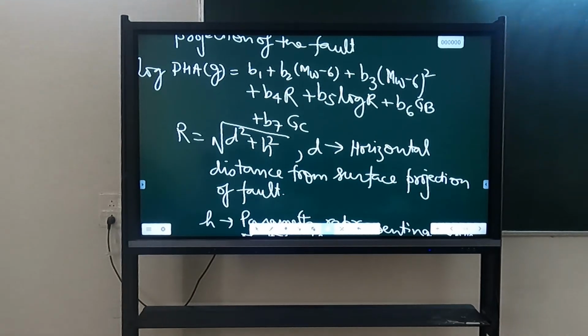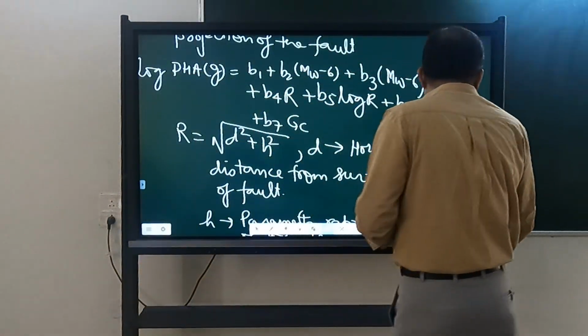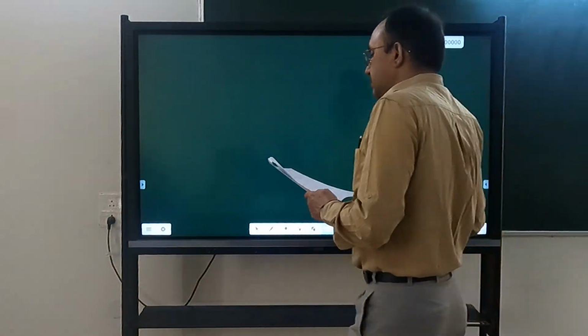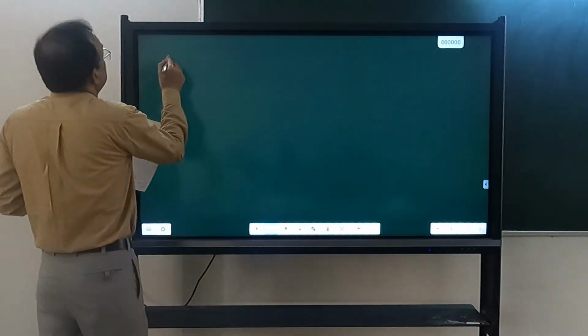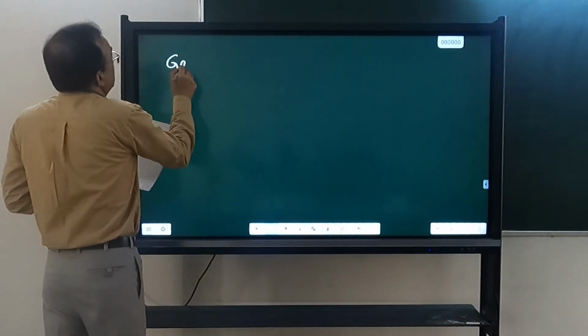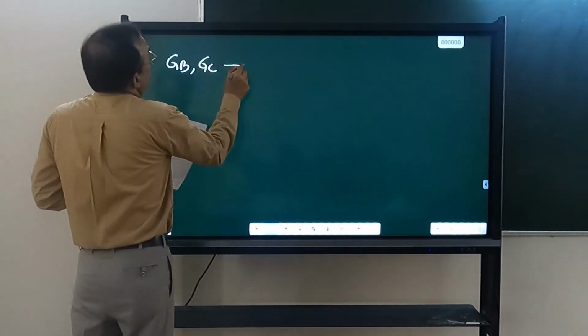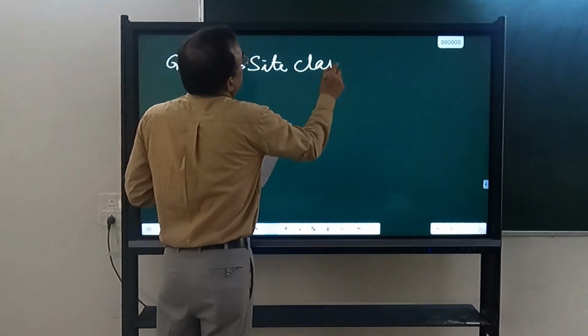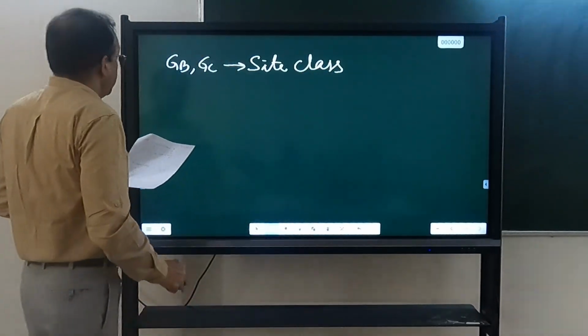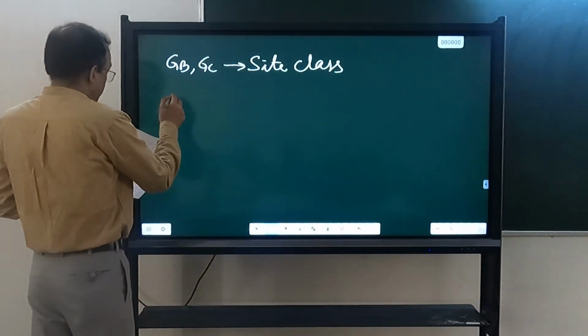Those also depend on what type of soil, what type of strata is there on which the instrument is put. So first time they considered that, and GB and GC are representing site class.